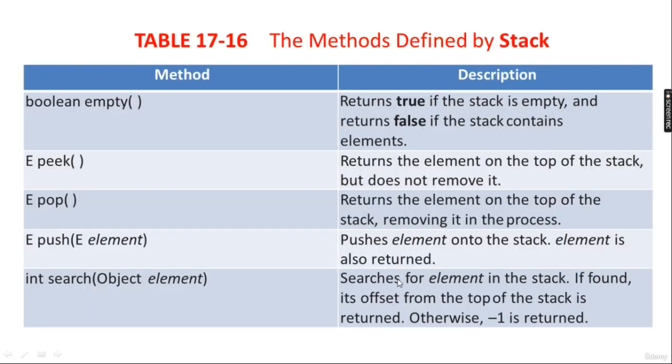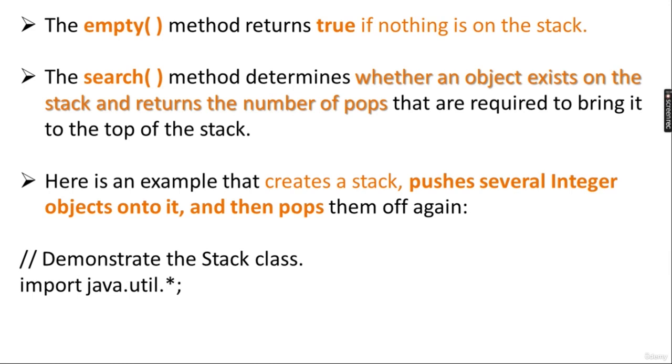Okay, what is the meaning of this offset? If the top of stack, suppose we consider it as the index 0. Okay, and the element you are searching for is stored at the index 2. So it will return you offset that is 2. Okay, from 0 to 2, how many elements are present there? 2. Okay. The empty method returns true if stack is empty.